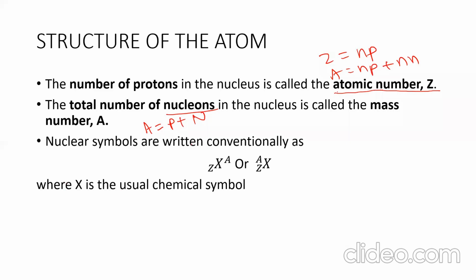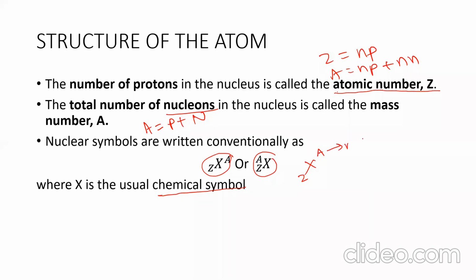Nuclear symbols, or chemical symbols, are written conventionally like this, where X is the chemical symbol. For example, X with Z and A, where A denotes the mass number.